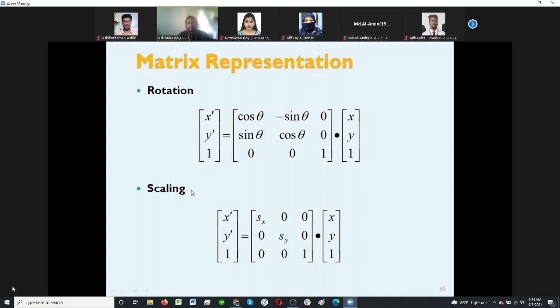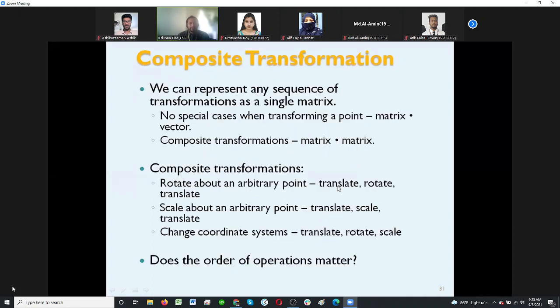So the scaling we are saying, that the bus is getting larger because it is coming close to you, and say it is falling down on the roadside, and at that time the image of that bus is getting some degree of orientation as it changes. Now this can be done in a composite manner, or we can say in a combined manner. It can happen.